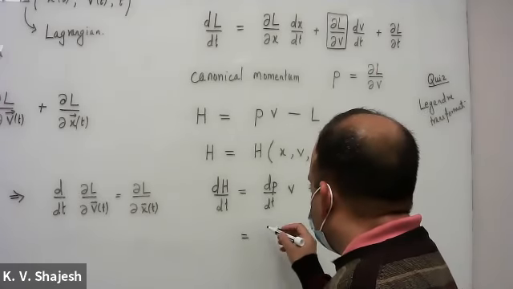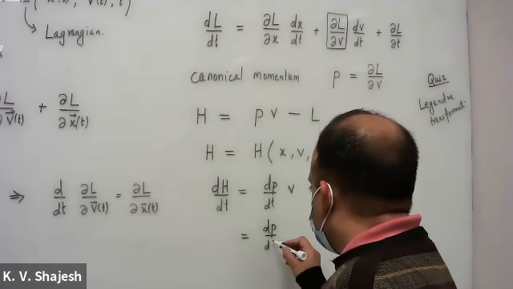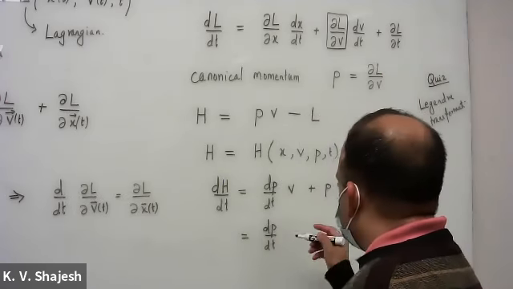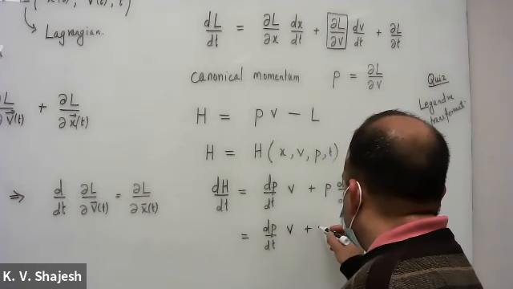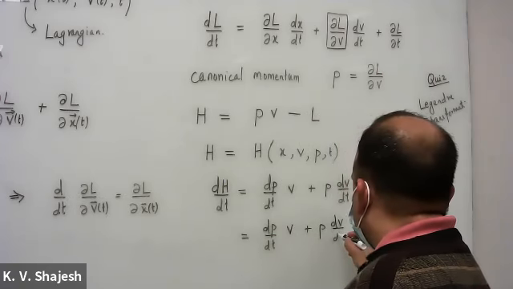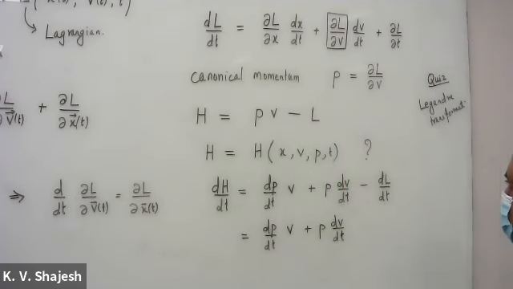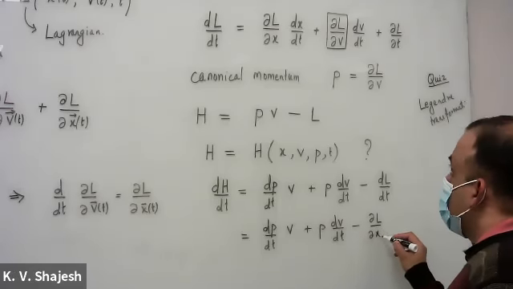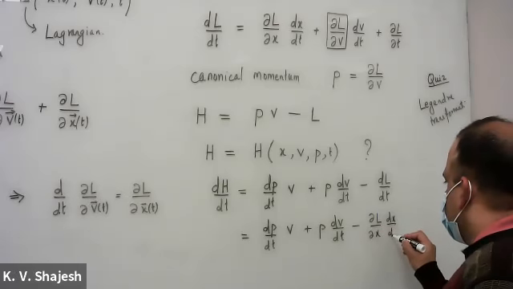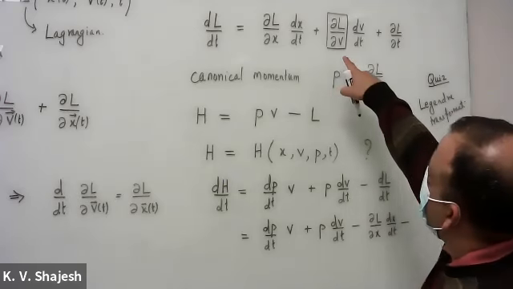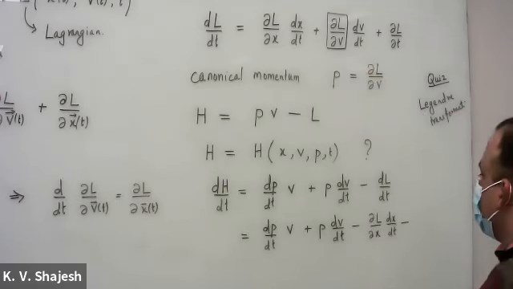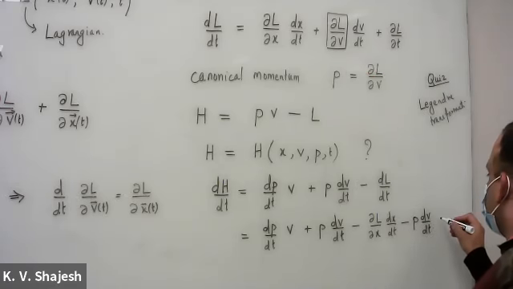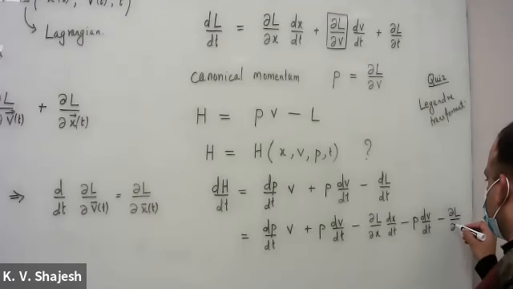So that's equal to dp by dt times v plus p times dv by dt, and minus all that other expression: dL by dx times dx by dt, minus, remember that this can be written as p, so that's p dv by dt, and minus the partial of L with respect to t.